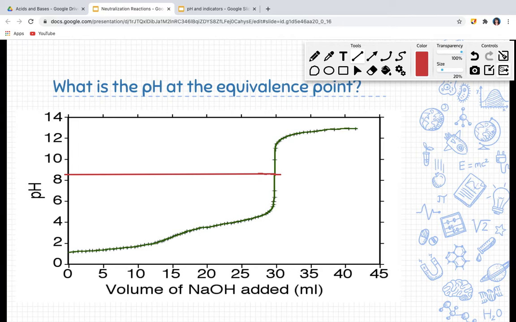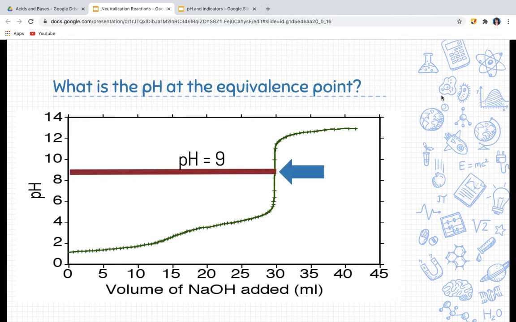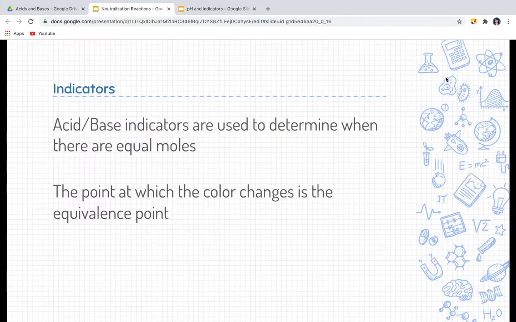That's the type of question that you might get on a quiz or a test. What's the pH at the equivalence point? I would just give you a titration graph, and you would just need to figure that out from there. Pretty easy. Or I guess I said 9 here.